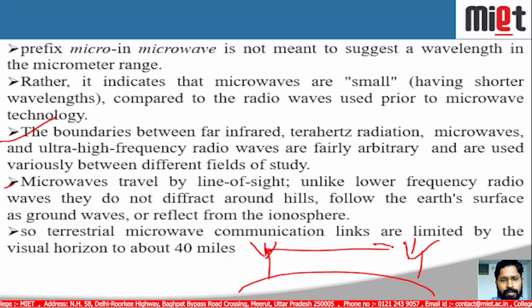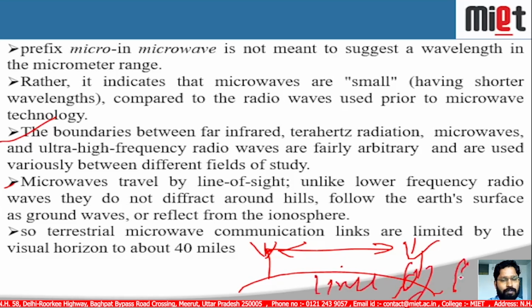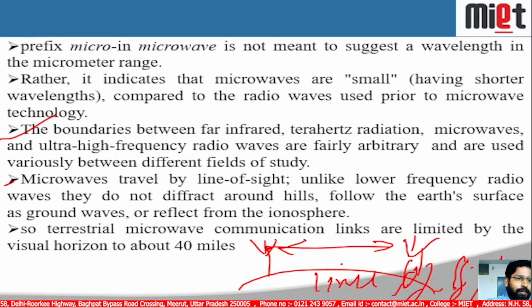Then this is a line of sight, meaning both antennas are in front of each other.